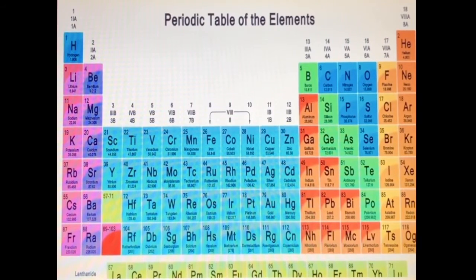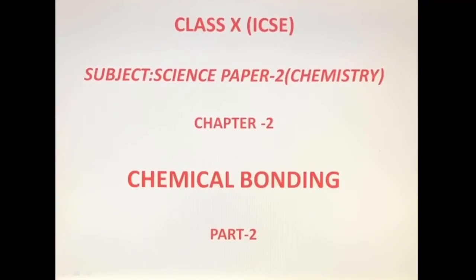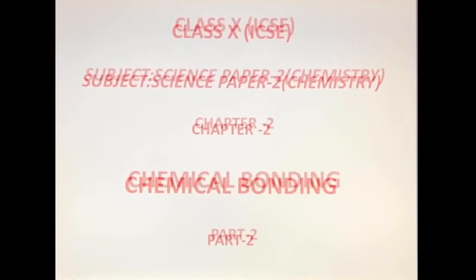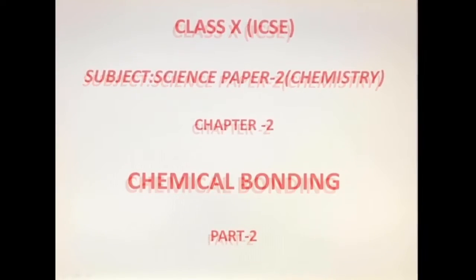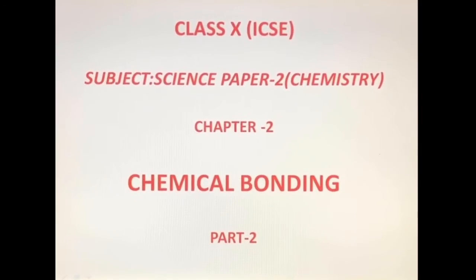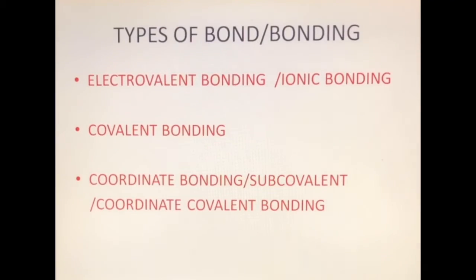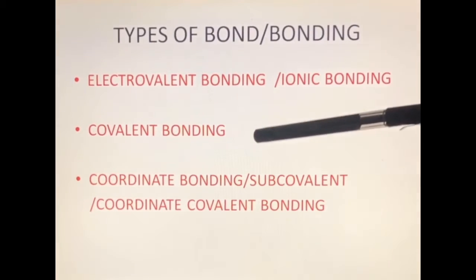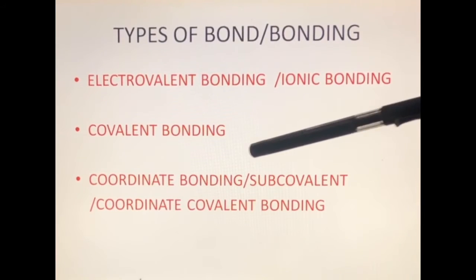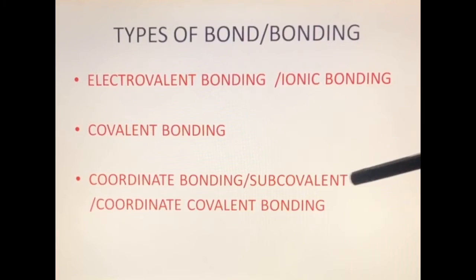So on the basis of transfer or sharing of electrons, chemical bonding is classified in 3 types: electrovalent bonding or ionic bonding, covalent bonding, and coordinate bonding, also known as subcovalent bonding.